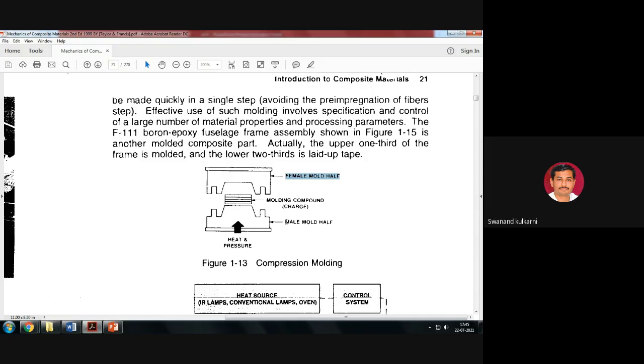Heat and pressure are supplied. This mold is heated, and after heating the mold, we get this particular shape.